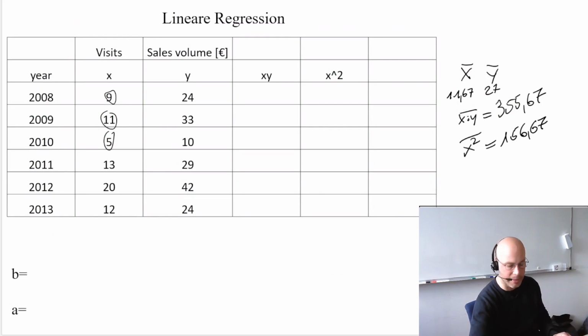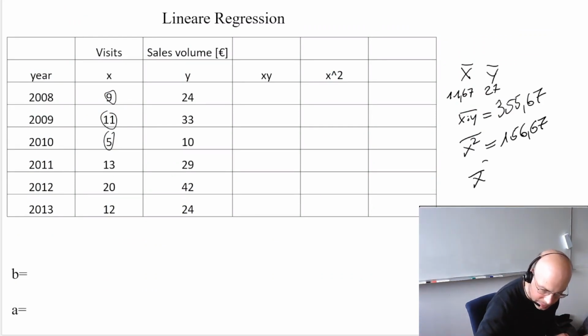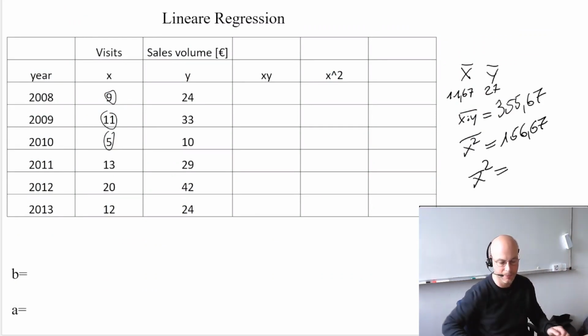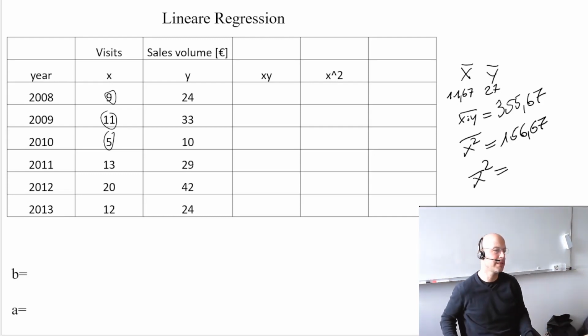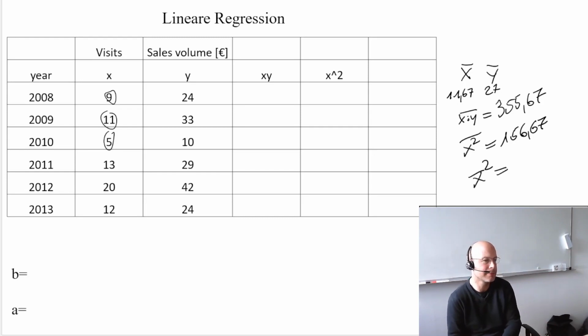One last number we need is X bar squared.